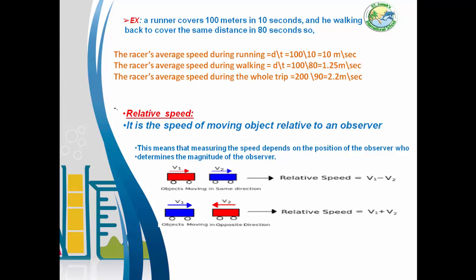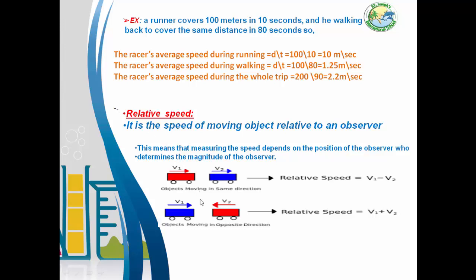But if the observer is in a moving object moving in the opposite direction of the moving object, in this case the relative speed equals object speed plus observer speed. So relative speed depends on the place of the observer.